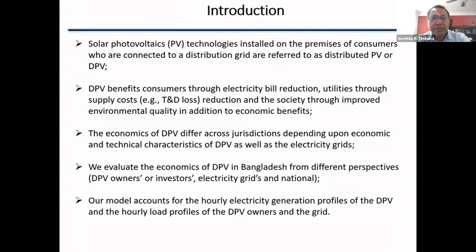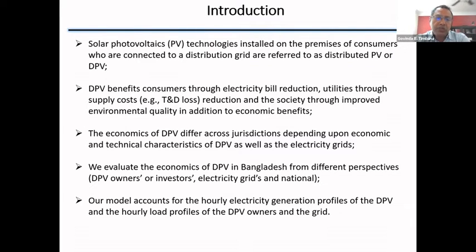However, the economics of DPV differ across countries depending upon the economic and technical characteristics of the DPV itself, as well as the characteristics of the electricity grids where the DPV is connected.